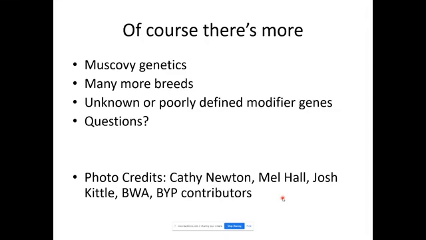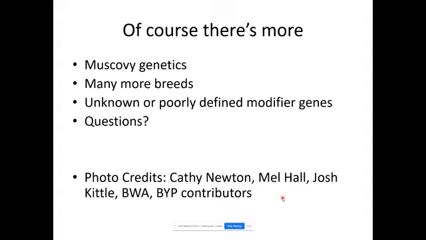And there is a lot more, and I just want to try and keep within this sort of half hour, 45 minutes, and give some examples. As I said, I haven't kept some of these breeds, and I wouldn't say that I am the world expert on duck color genetics.